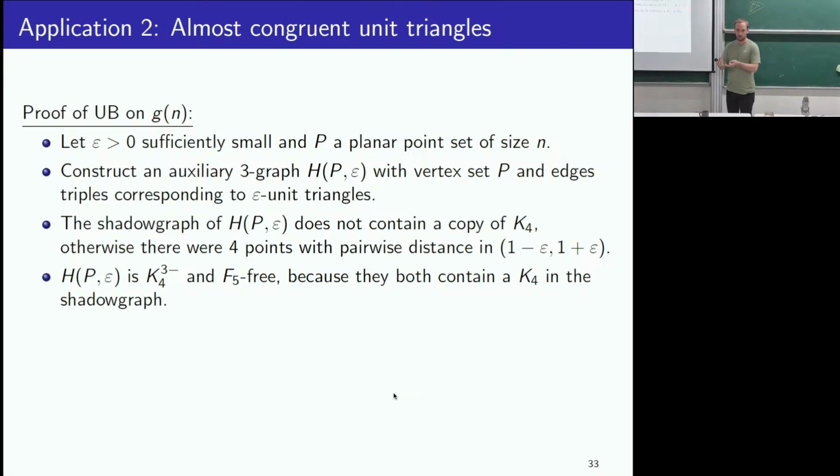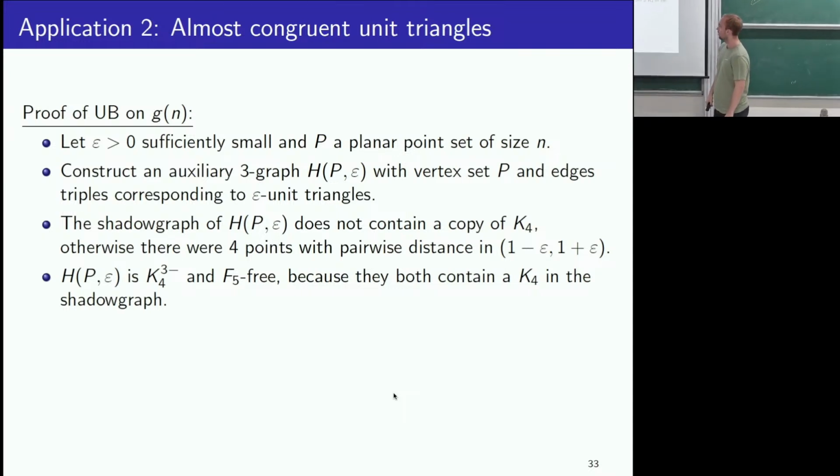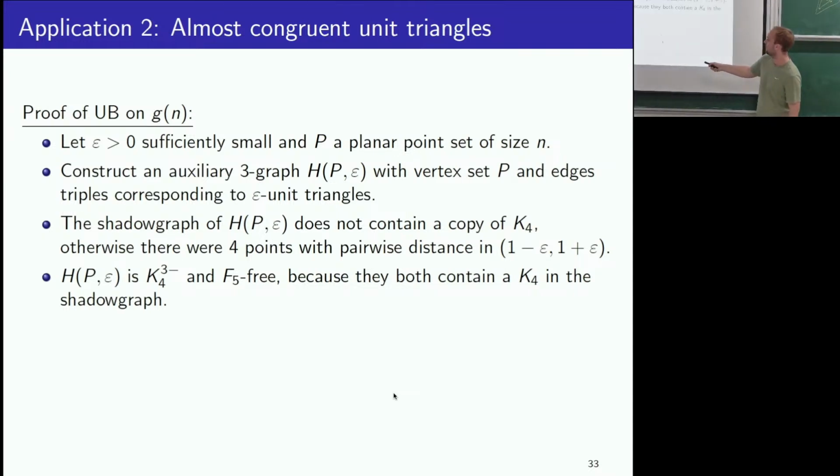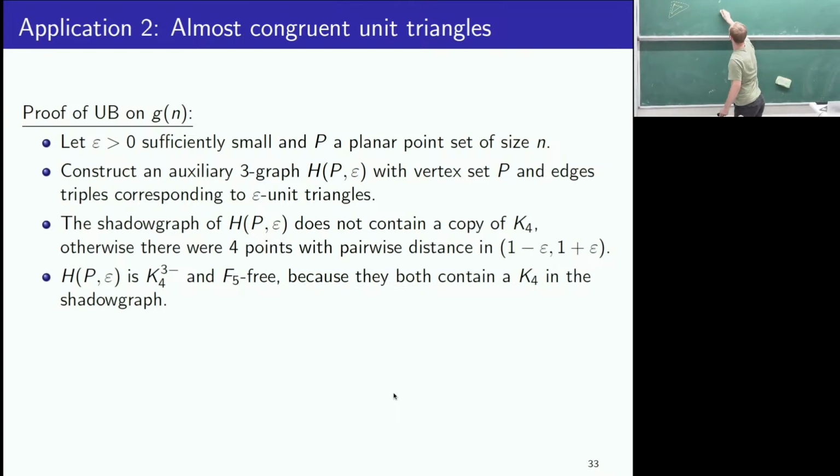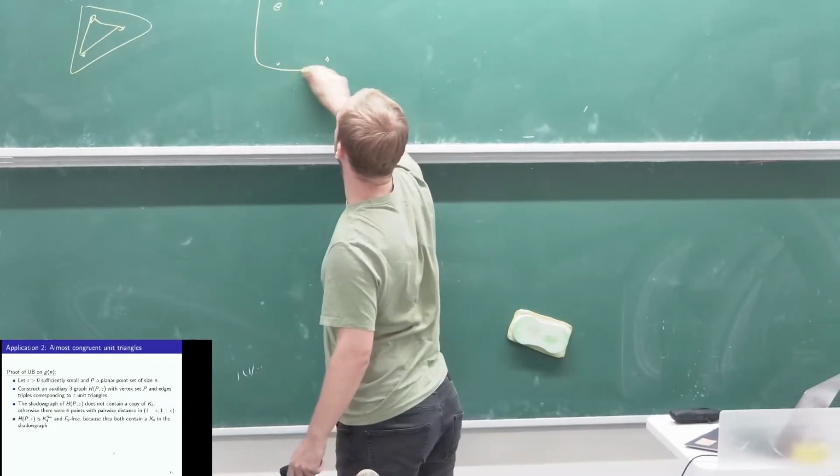There can't be 4 points with pairwise distance close to being the same. And now I want to conclude from this that the auxiliary 3-graph doesn't contain K4^{3-}, and F5. And the reason for this is, so here I'm drawing the K4^{3-} for you.